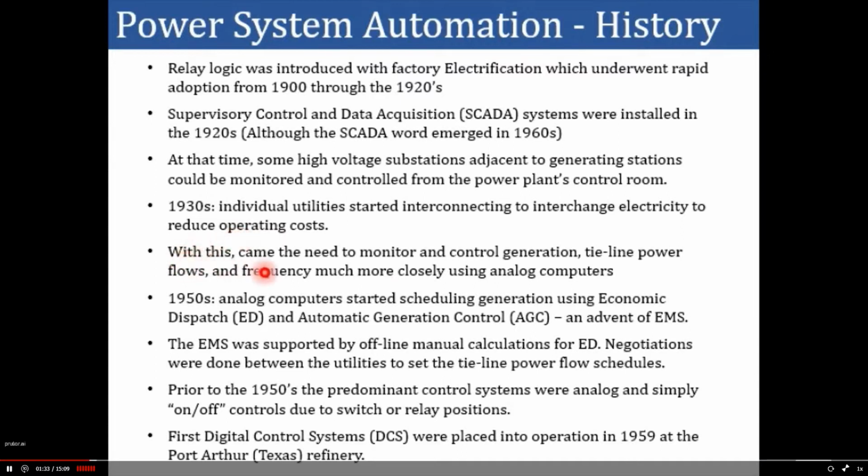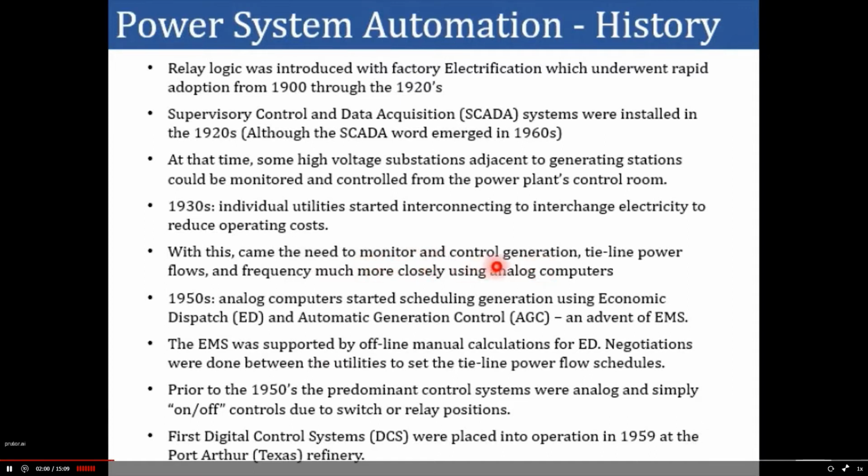Now with this, came the need for better monitoring and control of the power generation, the tie line power flow, and frequency of the system using computers. At that time we had only analog computers, so we utilized them to have better monitoring and control of the power system network.